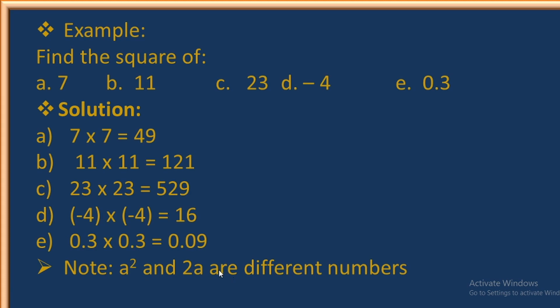Maybe there is only one number that satisfies a square equals 2a, that is if the value of a is 2. In other cases they will never be equivalent. So a square means a times a, not 2 times a, or a plus a. We have to remember that a square means a times a.